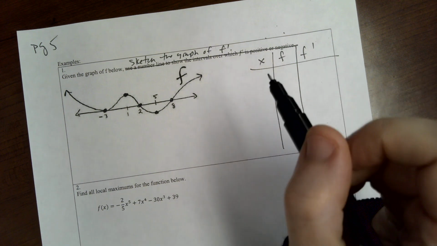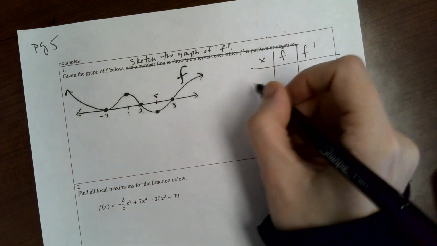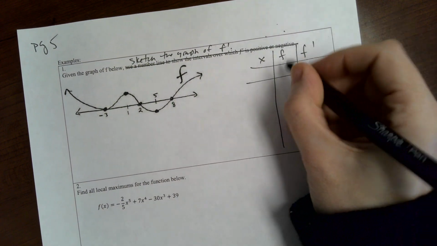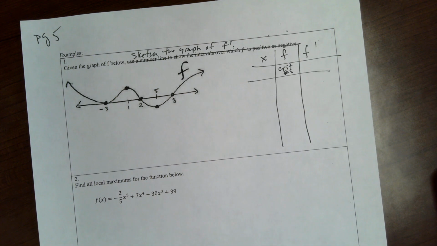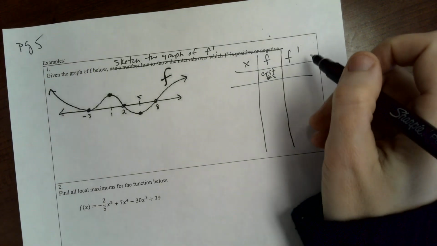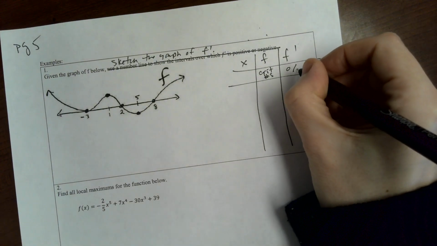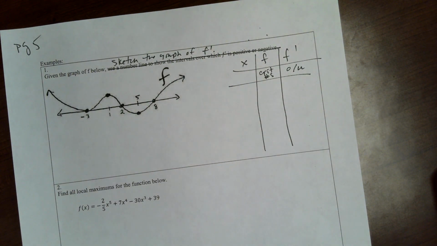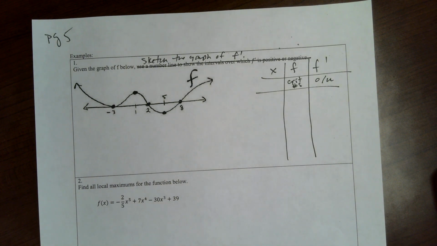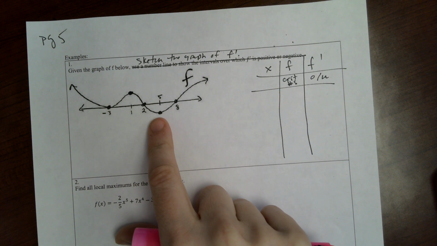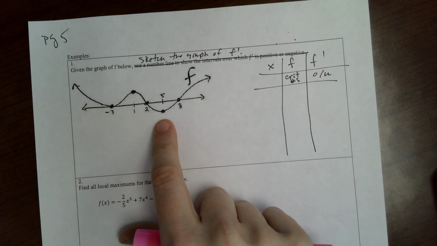All right, so the first thing that you always want to be looking for, guys, is critical numbers. Critical numbers on the graph of f happen when f prime is 0 or undefined. So let's find those values. I don't see any sharp corners, so there's nowhere that the tangent line couldn't be drawn.